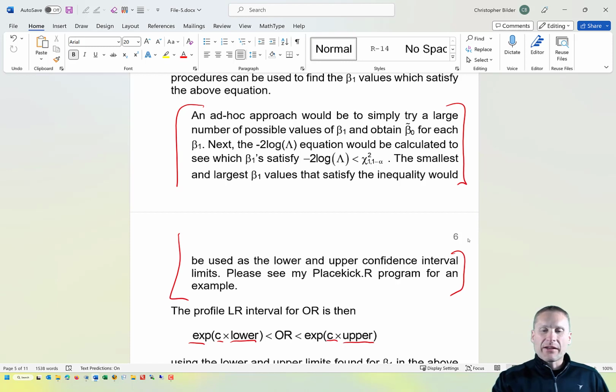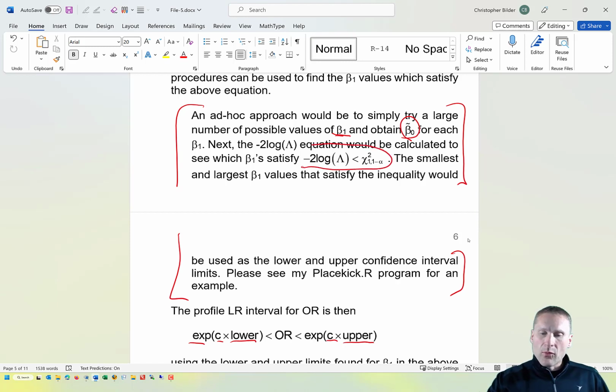Basically, what I do is I try a bunch of values of beta 1 and try to find the maximum possible value of that likelihood function, allowing myself to find an MLE for beta 0 subject to a particular value of what beta 1 could be. I find my negative 2 log lambda statistic.